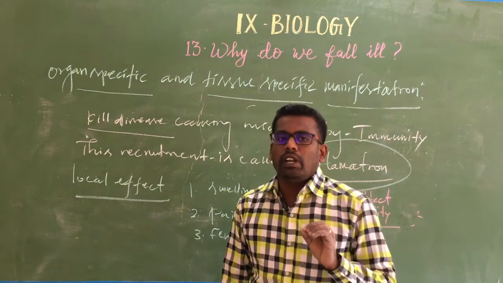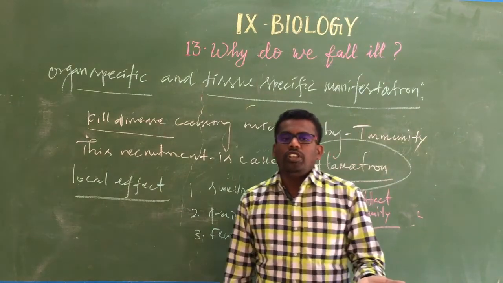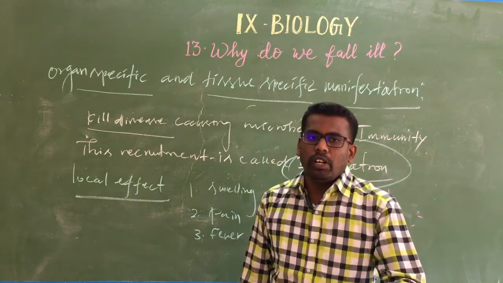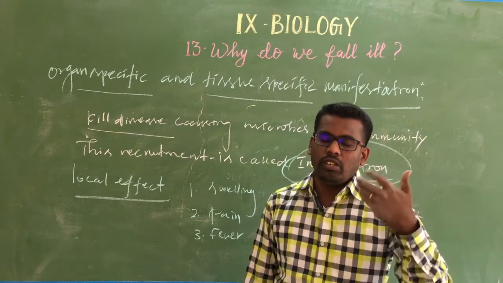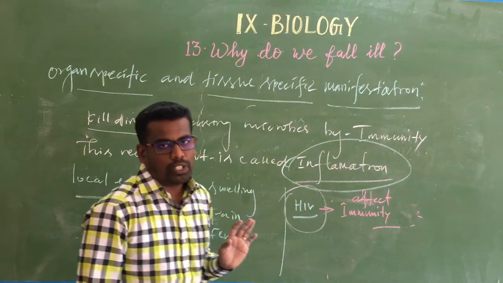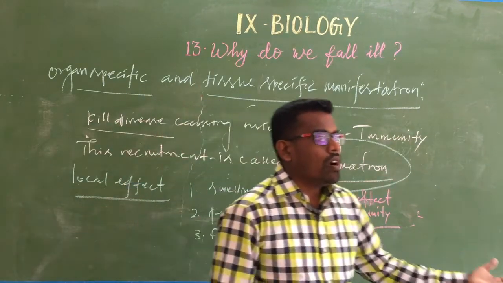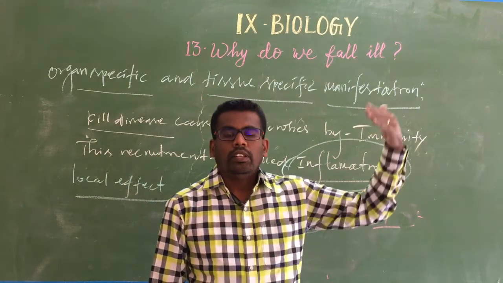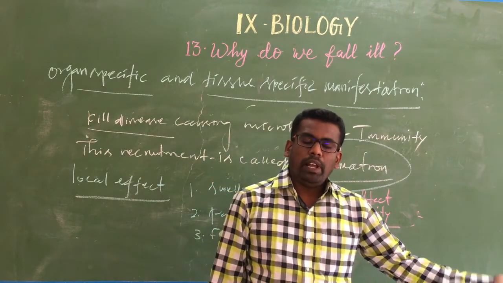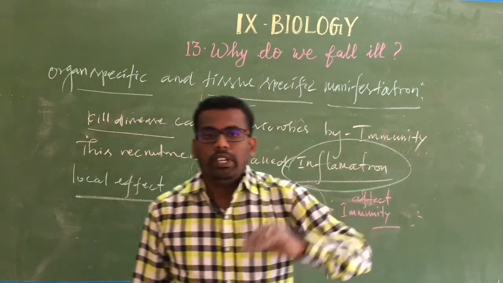The function of red blood corpuscles is exchanging the gases and transporting nutrition. This function is stopped. So the malaria causing microorganism first reaches the liver, then after multiplying, reaches the RBCs.